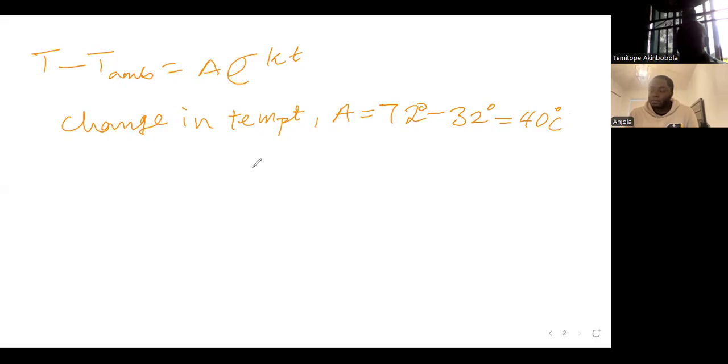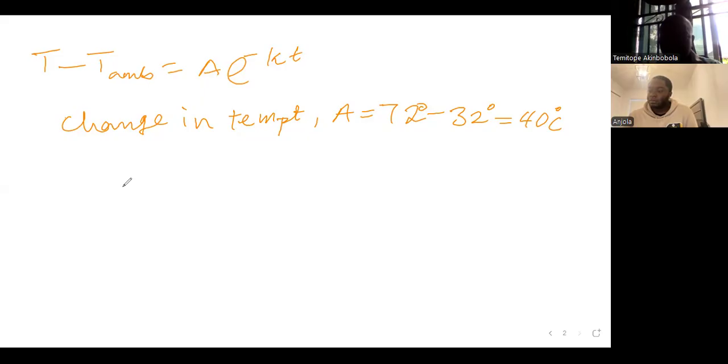Don't forget, yesterday when we related this to growth or to decay, we said this term A stands for initial. So this is for the temperature change. The initial temperature change is now 40 degrees.